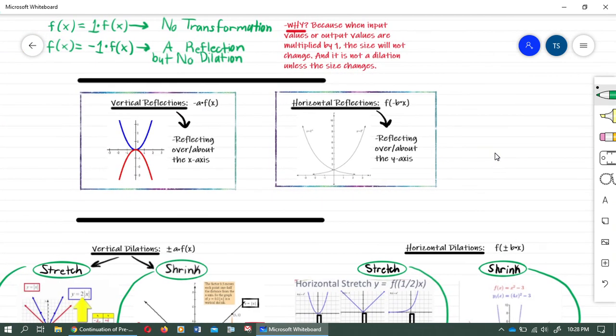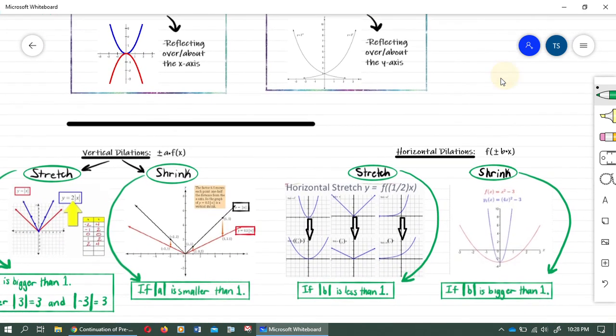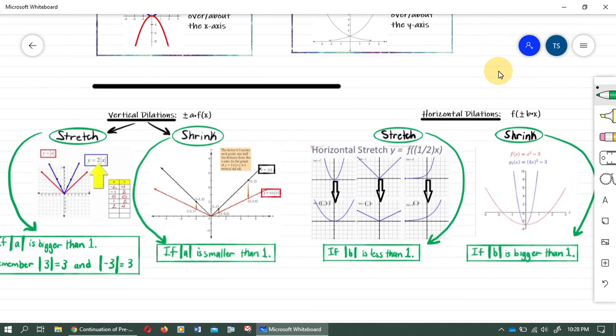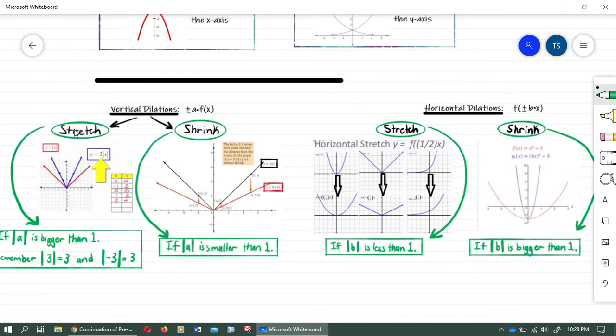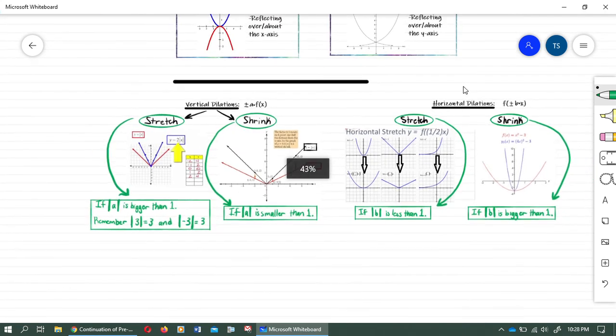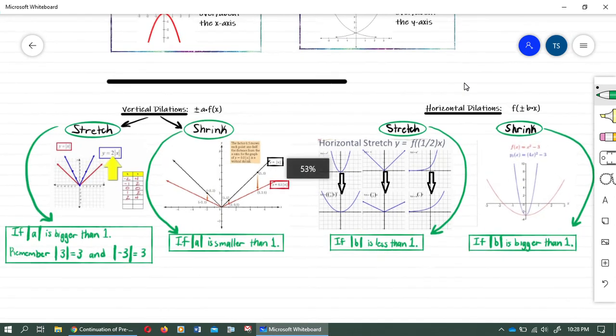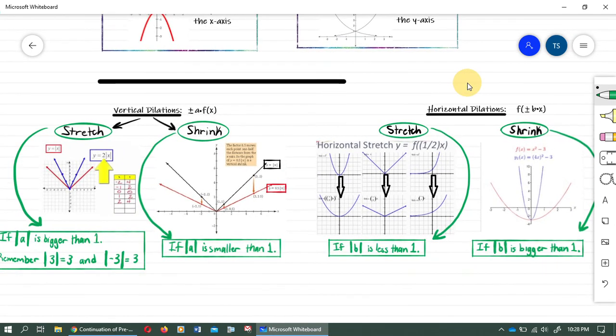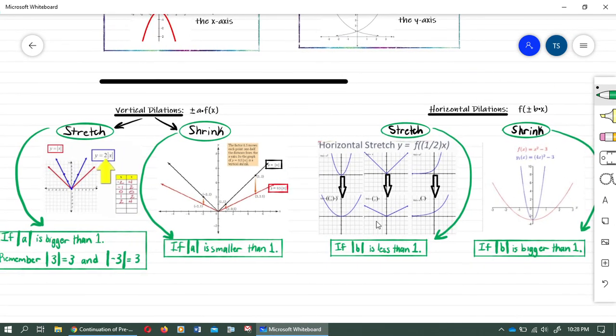And if it's a dilation, we want you to be able to tell whether it's a vertical stretch or vertical shrink if it's vertical, and whether it's a horizontal stretch or a horizontal shrink if it's horizontal.